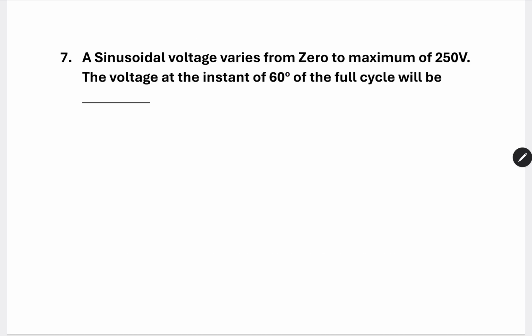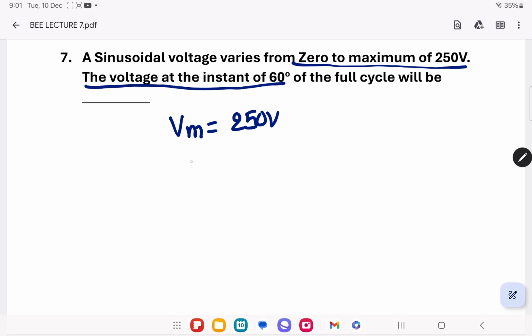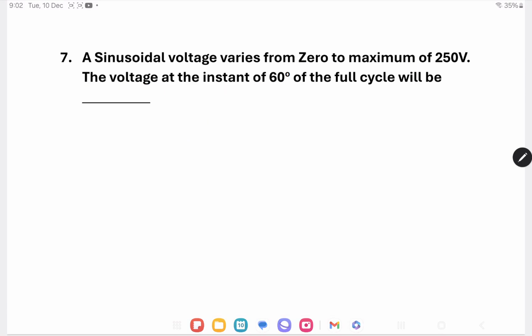Next question. Question number 7. A sinusoidal voltage varies from 0 to a maximum of 250 volts. So Vm is equal to 250 volts. The voltage at the instant of 60 degrees is how much? So we need to find the voltage at omega t is equal to 60 degrees.